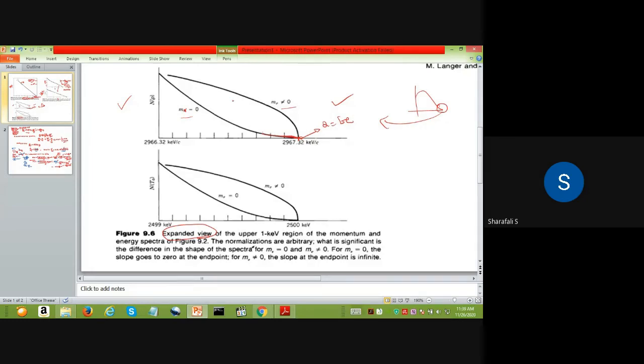And this curve is corresponding to m_nu not equal to 0, and this is for m_nu equal to 0. So if there is rest mass for the neutrino, then that curve will come like this and land almost perpendicular to the x-axis. So these are the differences that we can observe.